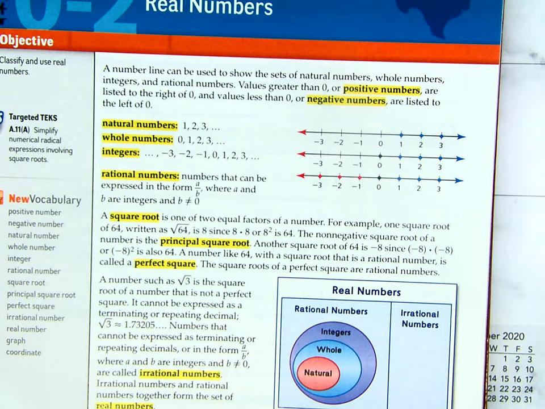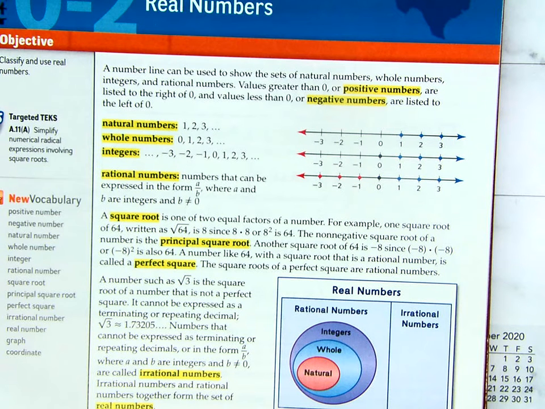Values greater than 0 or positive numbers are listed to the right of 0, and values less than 0 or negative numbers are listed to the left of 0.